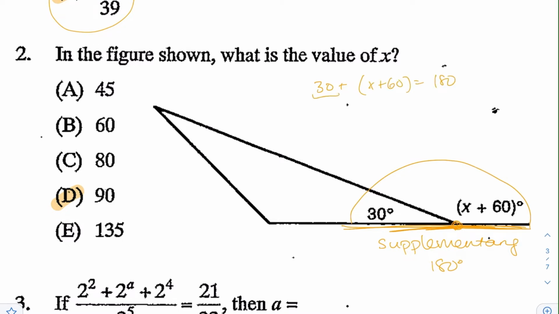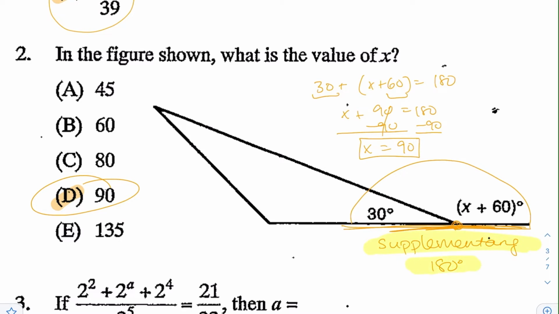And here when you combine the 30 and the 60, these 2 like terms, you have x plus 90 equals 180. And when you subtract 90 from both sides, you get that x is equal to 90 degrees. So that's choice D. So here you have to know supplementary, 180 degrees, and that's a straight line.